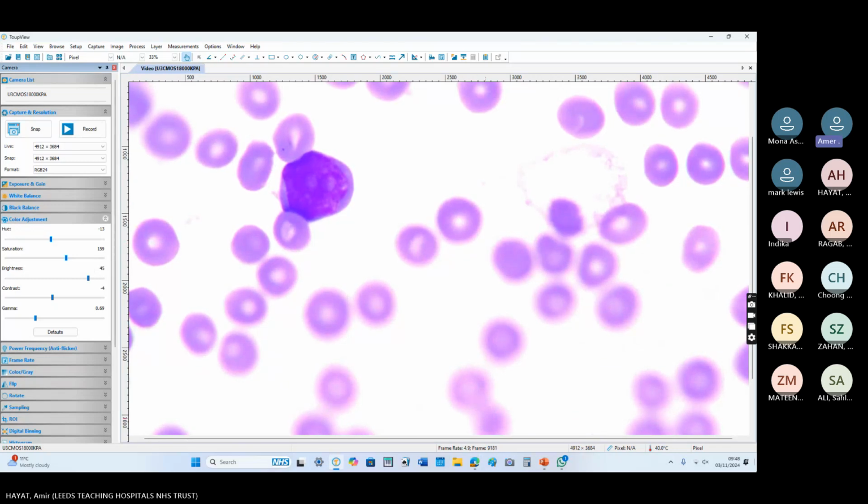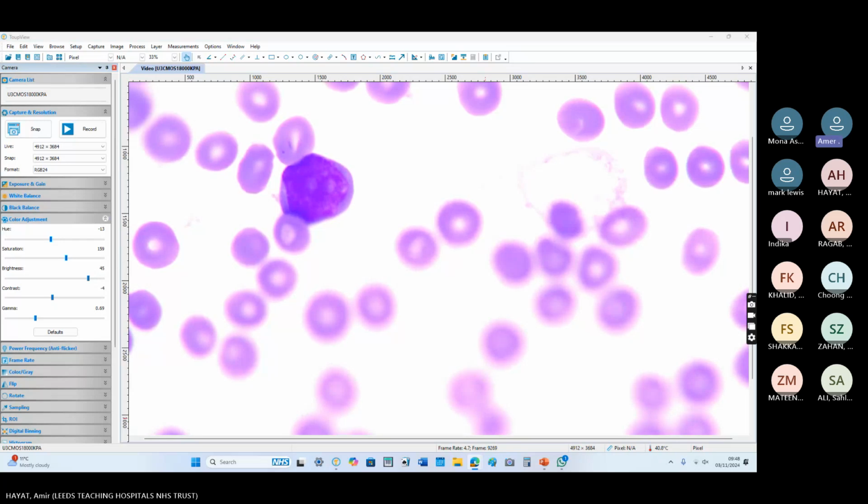This blast has two nucleoli. Acute myeloid, yes, and the flow that we got showed CD2 positive, cytoplasmic CD3 positive, CD5 positive, CD19 negative, CD20 negative, and TdT was positive as well.